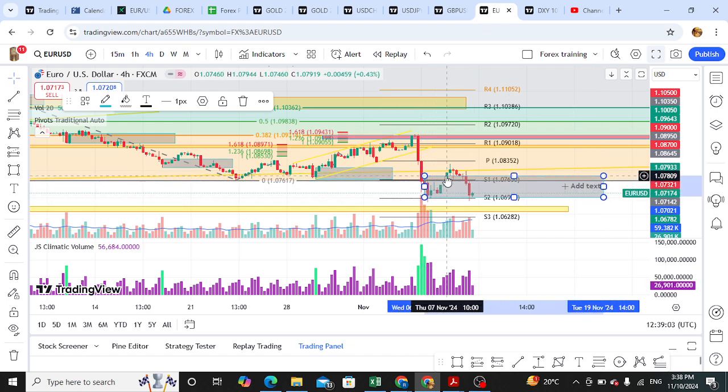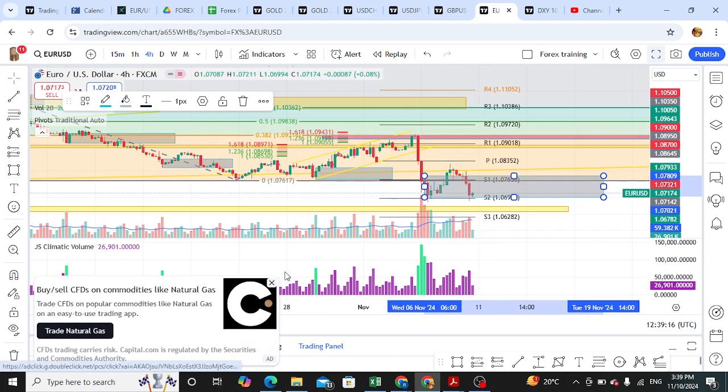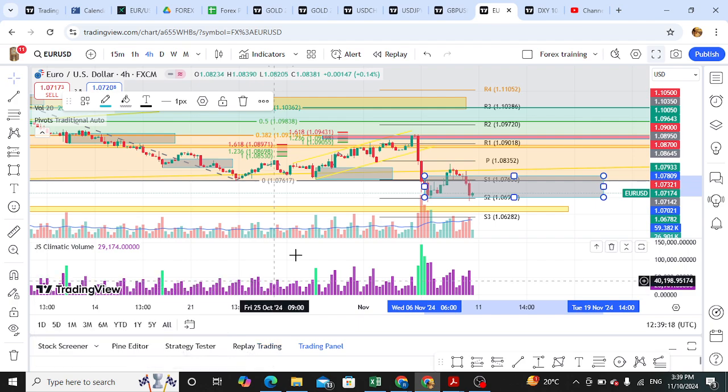So for example, for some, if it moved up the volume zone and it showed a green candle, they will take that as a buy. But in this particular case, there is a trend line, and this trend line is acting as resistance. So it actually respected that line and went down.